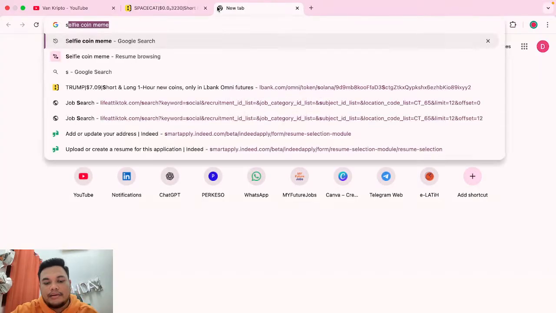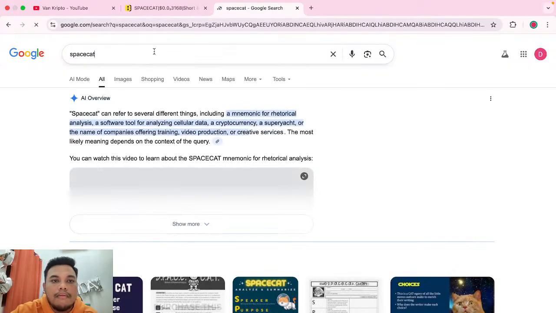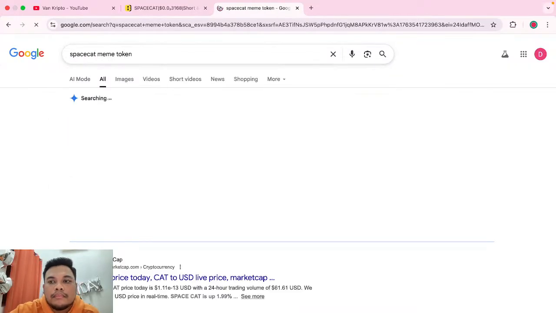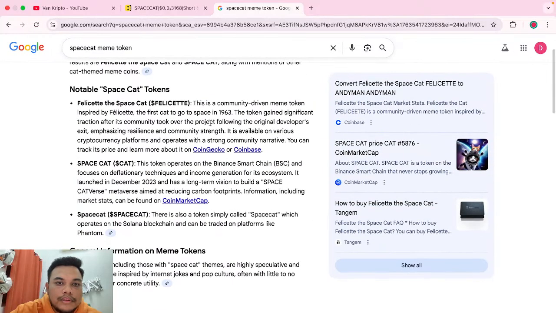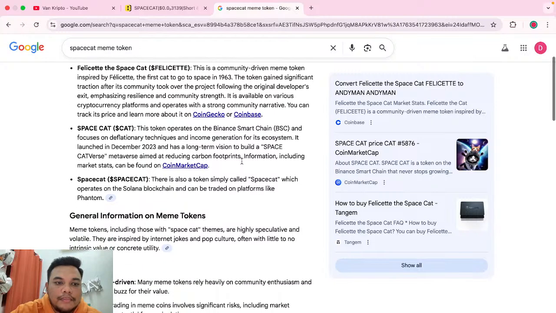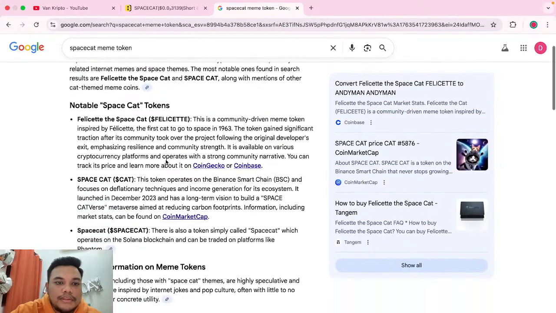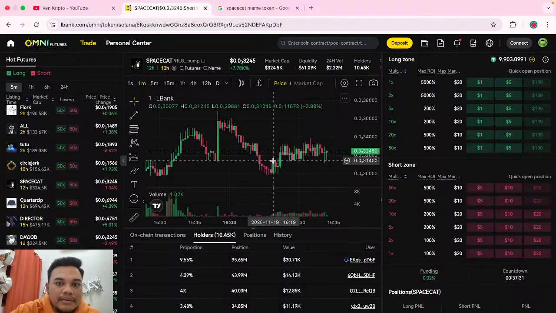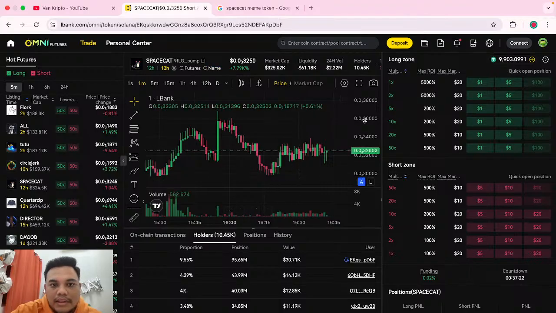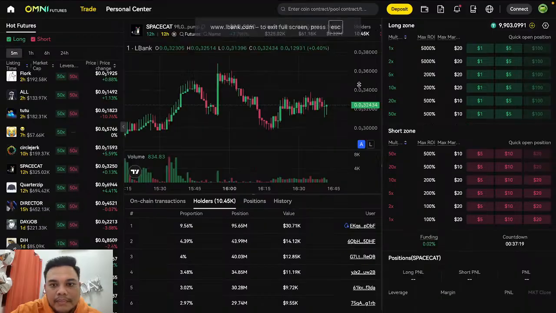What is Space Cat? This is a community-driven meme token inspired by the first cat. Okay, so meaning to say, this coin already has a good story behind it, right?